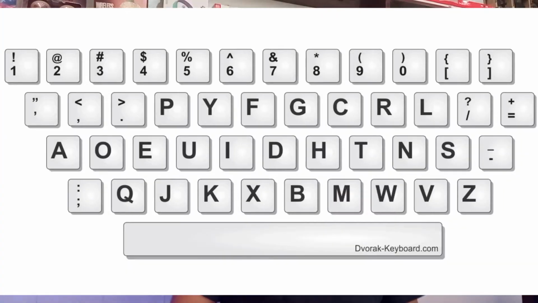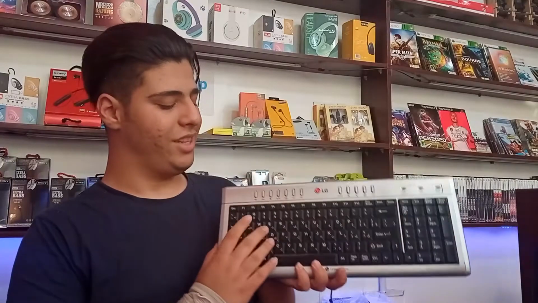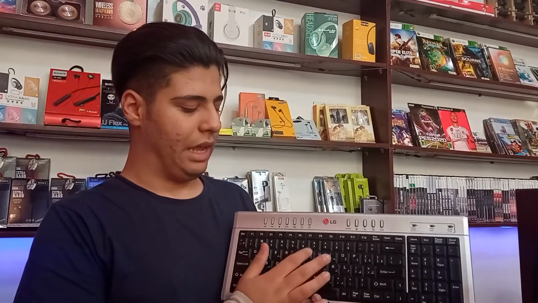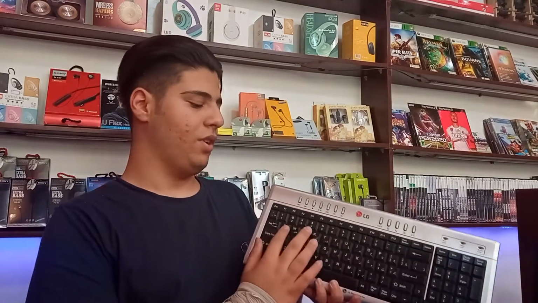The next one is Dvorak. When you read it from here, you can say Dvorak. This arrangement was invented 50 years after the QWERTY arrangement.